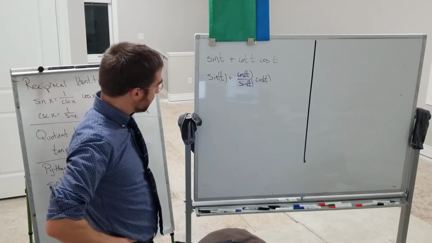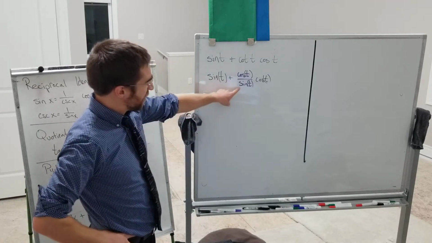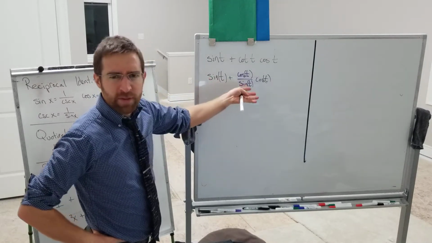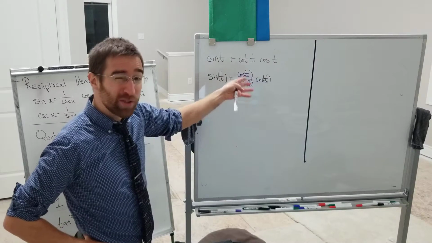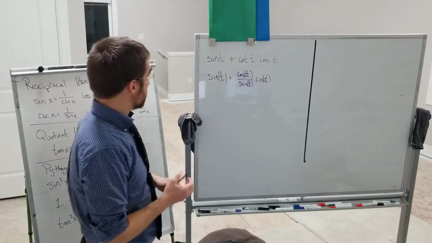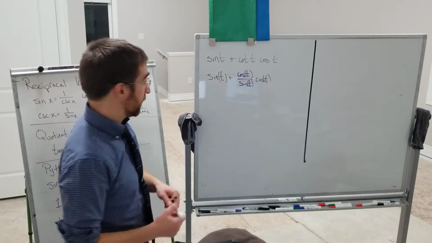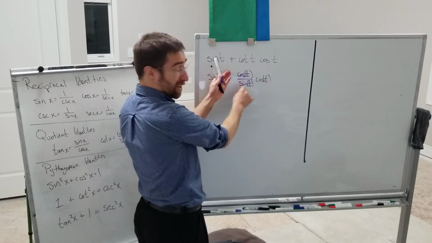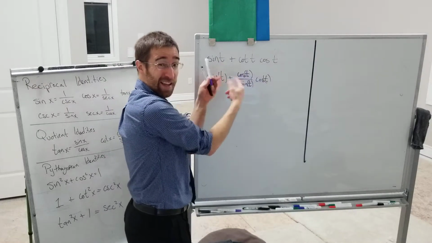Well, looking at this, now I have a fraction, right? And I have an addition problem. This one has a fraction in it. So what I want to do is make this have the same denominator as that. The denominator in this term has a sine in the bottom, so I need a sine in the bottom here.